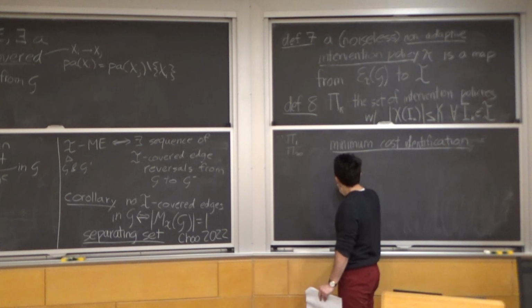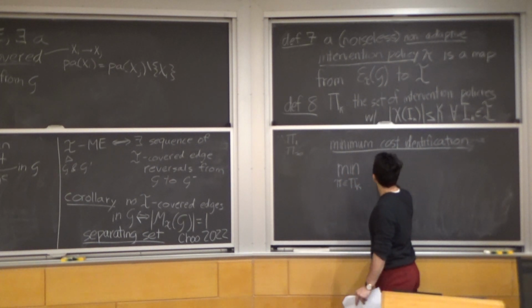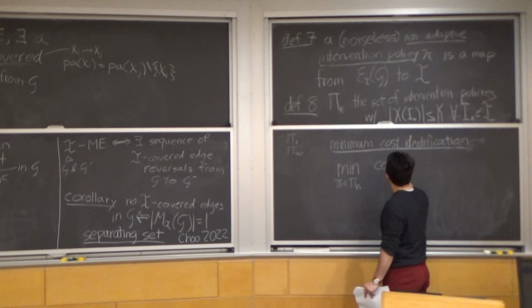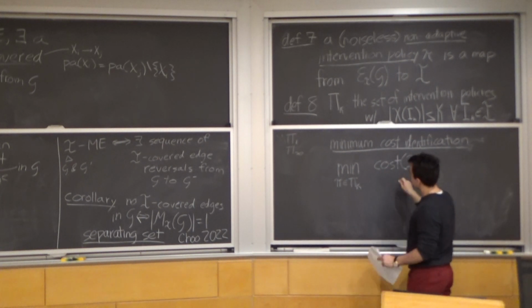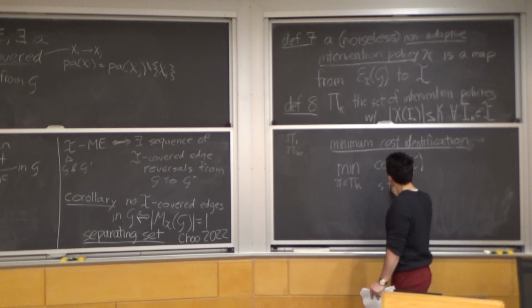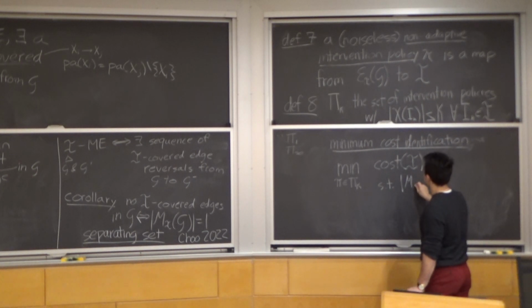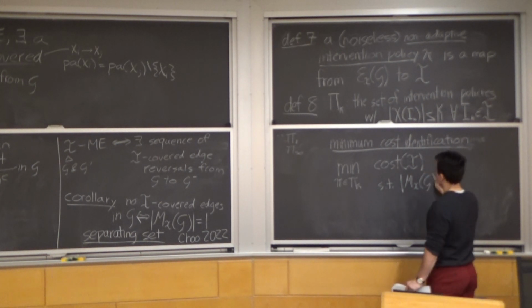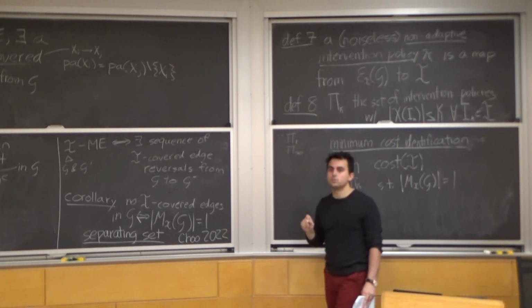So we want to minimize over all allowed intervention policies the cost of the intervention set that it returns to us, subject to the constraint that it's a verifying intervention set. So subject to the constraint that our interventional Markov equivalence class at the end is of size 1.